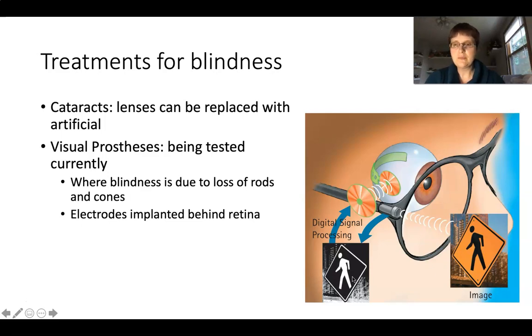So there is promise for helping at least some conditions related to blindness that we haven't been able to treat up to this point. All right, our next video is going to get into hearing as our next sense.